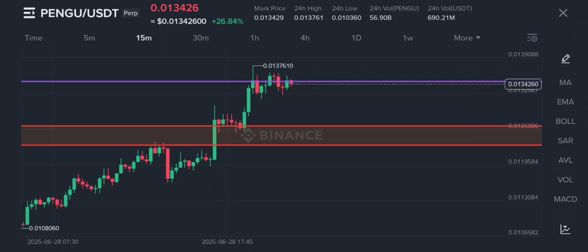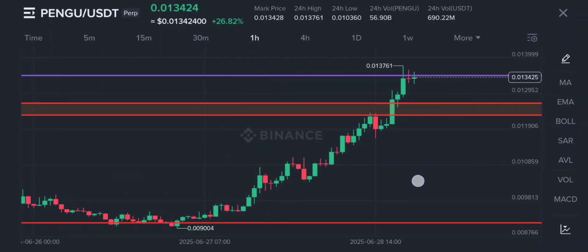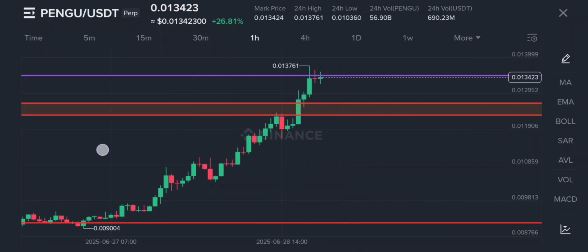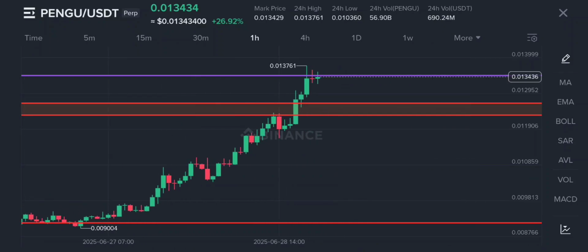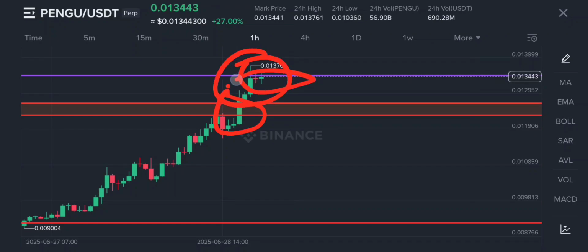You can see in our previous analysis that we've been waiting for this market to move into our point of interest, and the market broke above it and is moving. This was our point of interest, but the purple line was also a point of consideration, which we expected the market to get to and react.